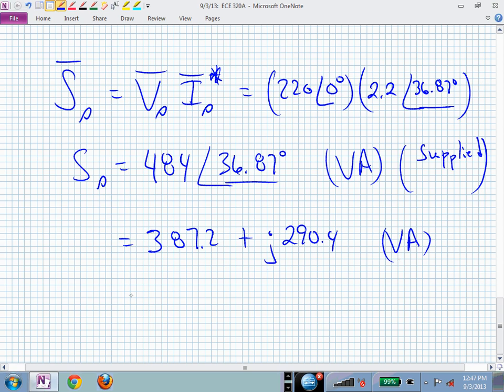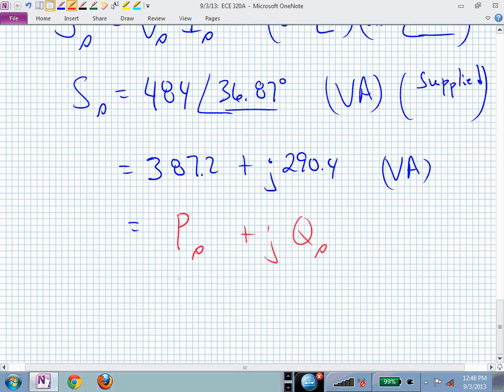And really then, this is now our power supplied in both the real part, which is in watts, and the reactive part, which is in vars. And now I know the pieces that make up the complex power supplied by that source.